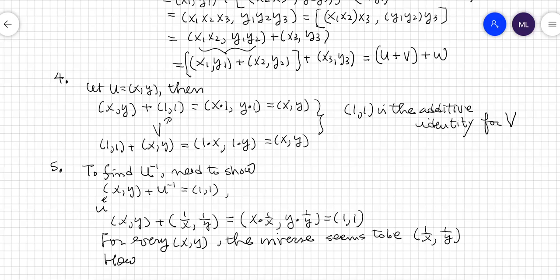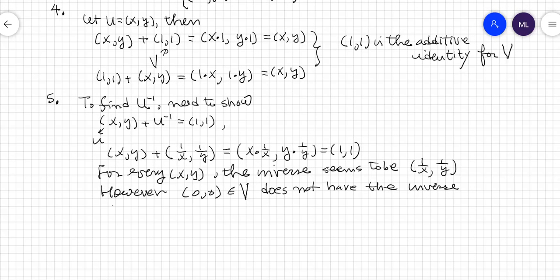However, (0, 0), which belongs to set V, does not have the inverse, since (1/0, 1/0) does not exist.